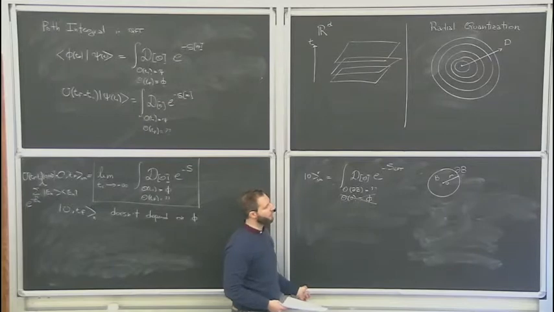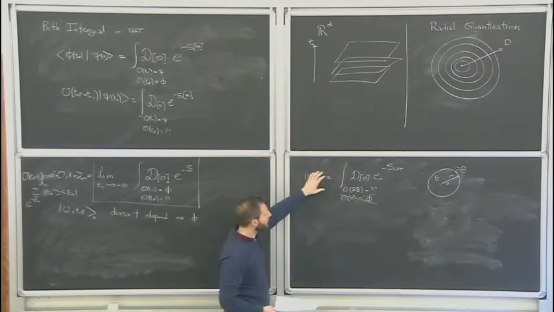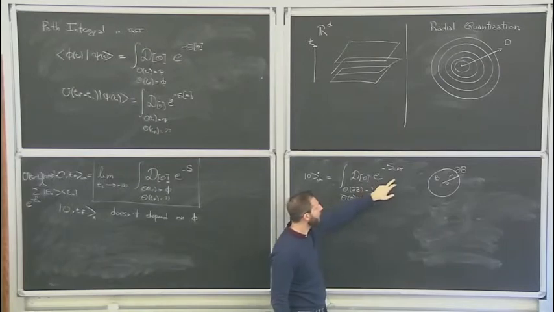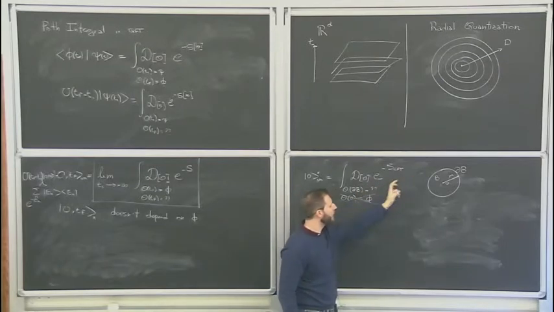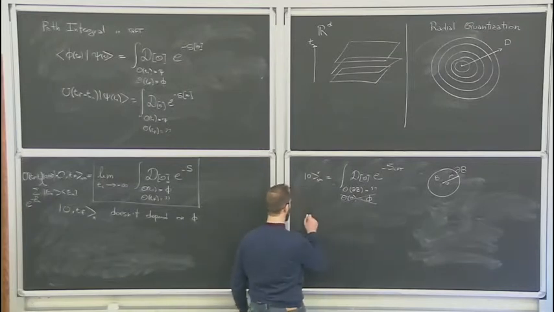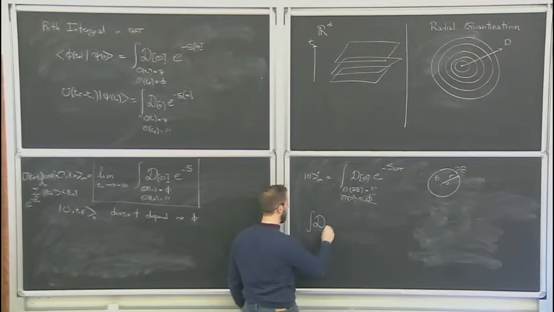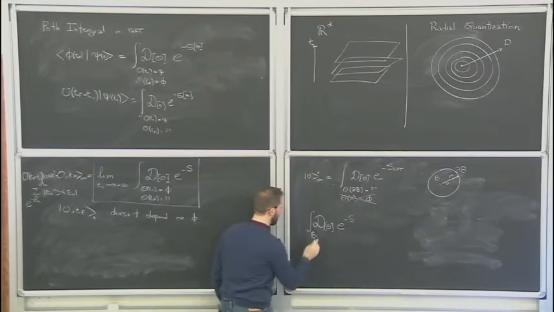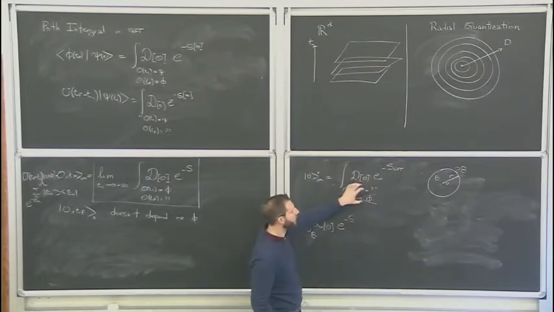And now you can ask, okay, what happens instead if I do something more interesting and I start inserting operators inside this path integral? So if you consider the path integral on some ball, okay, I'm not going to write these boundary conditions anymore.